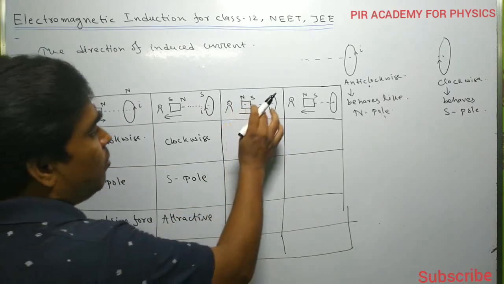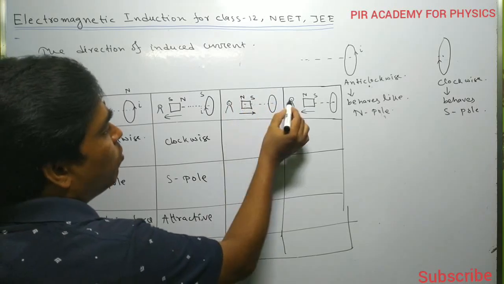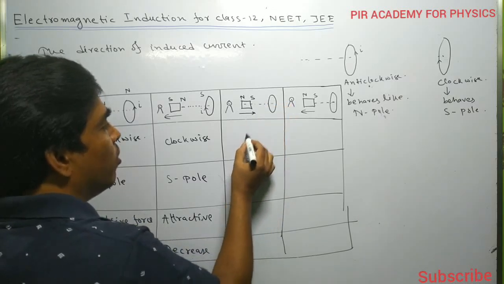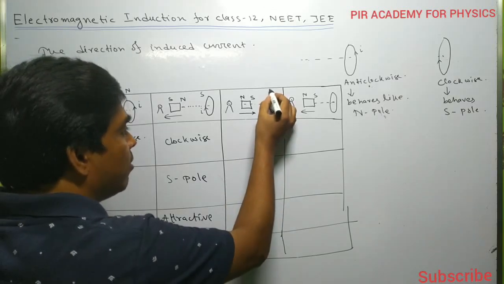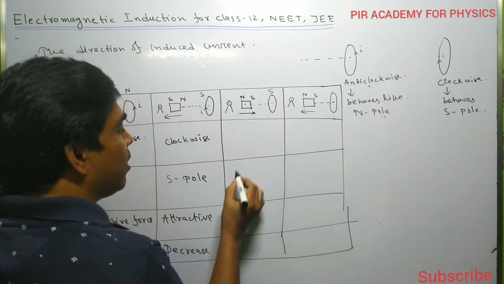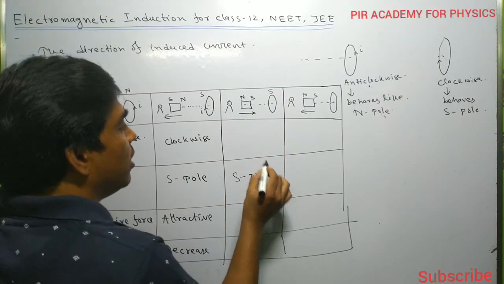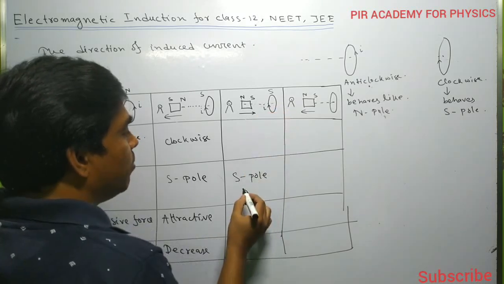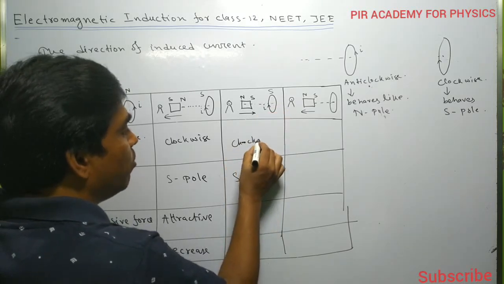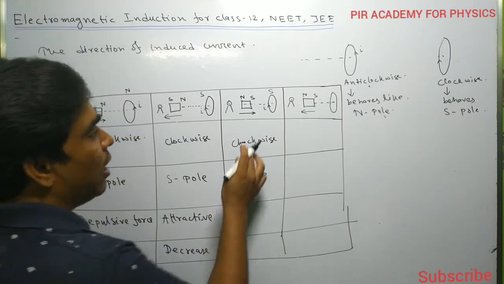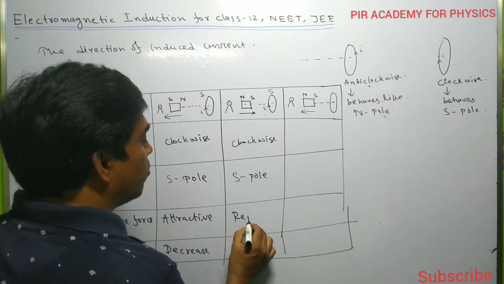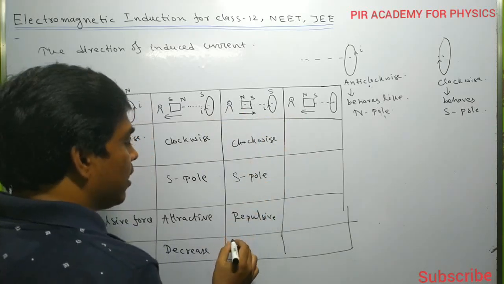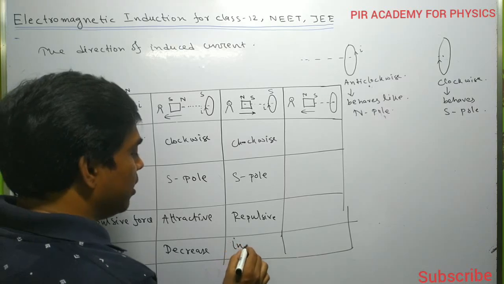And similarly, here you see that the south pole moves towards the circuit. That means this loop must behave like a south pole. That means it must be a clockwise direction. That means the induced current will be clockwise, and this will be a repulsive force. And this magnet moves towards the circuit, that's why the flux increases.